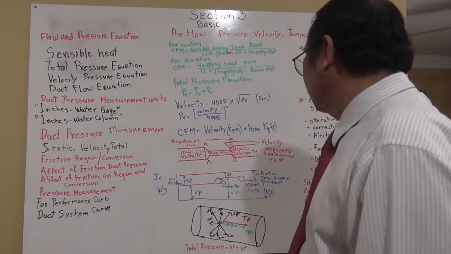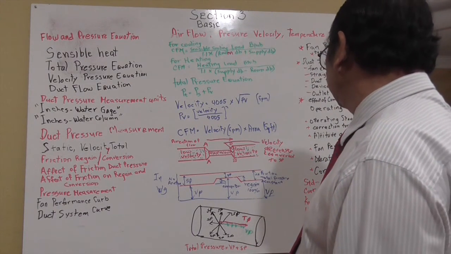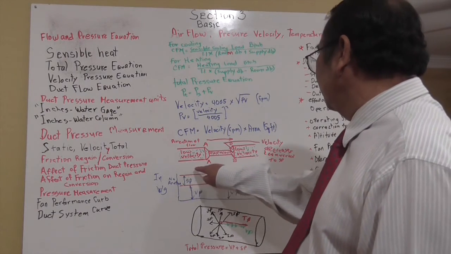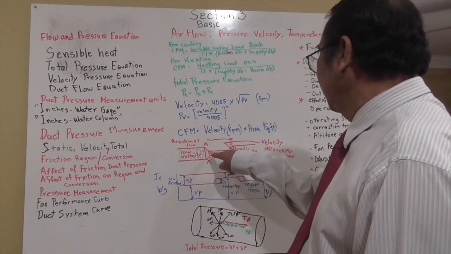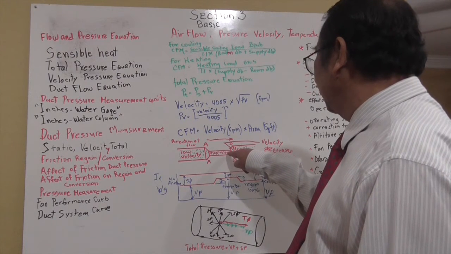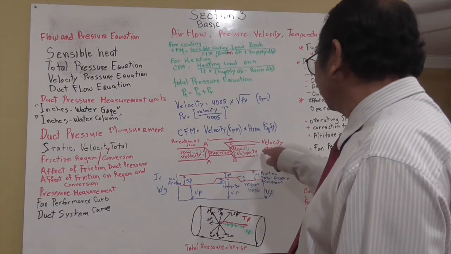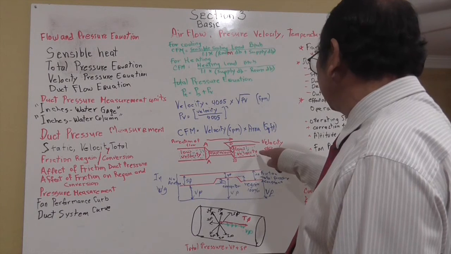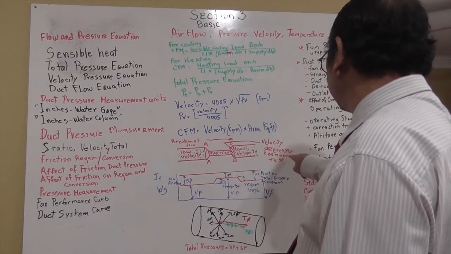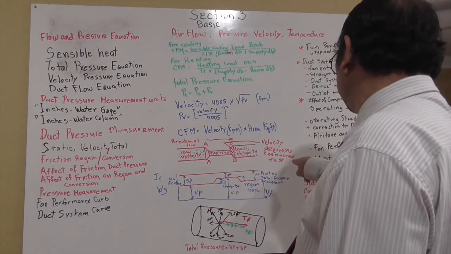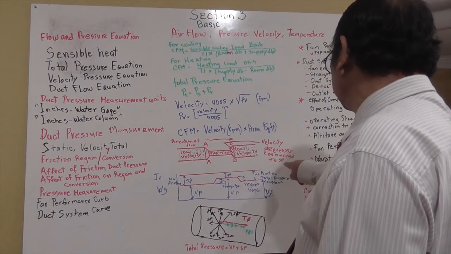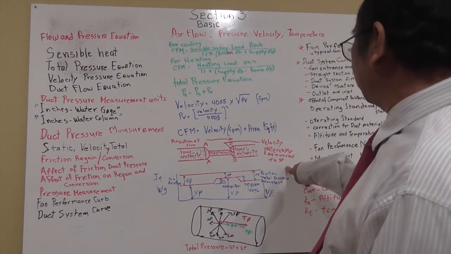What we're talking about, the pressure regain and so on, I made a diagram of a duct in here, in which we have the duct, and then it goes down to a smaller diameter duct, and then it goes back to the normal duct. Velocity decreases in conversion to static pressure.